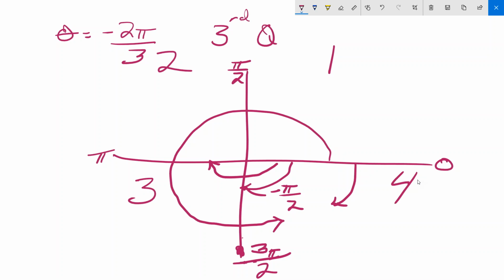That's pi, so that would be minus pi. Now, minus 2 pi over 3, the angle you have given me, is between those two.